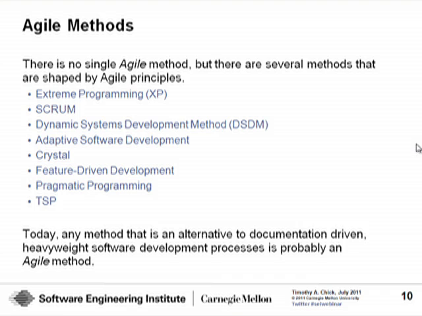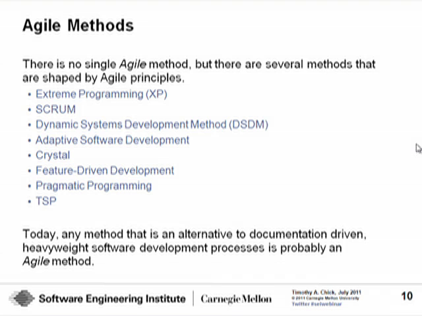So for Agile methods, I mentioned two in my introduction, extreme programming and Scrum, which are by far the most popular techniques used in the Agile community. But there really is no single Agile method. There are several methods that are shaped by the Agile principles themselves, the 12 principles, as well as the manifesto.